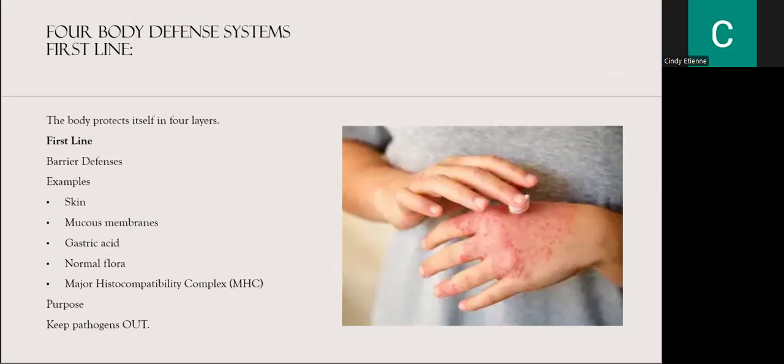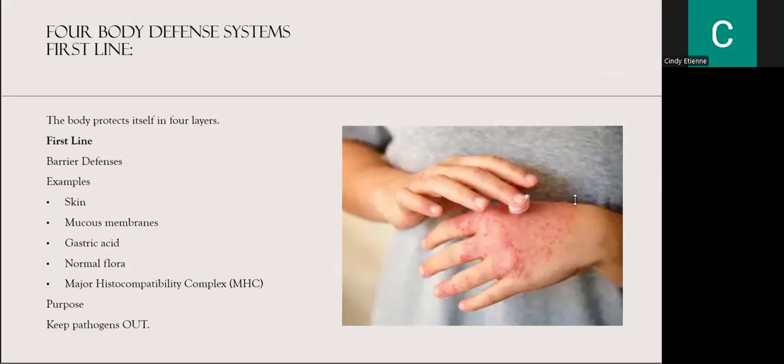Stomach acid destroys many microbes that are swallowed, and normal flora, or beneficial bacteria, compete with harmful organisms to prevent them from growing. Major histocompatibility complex, also known as MHC, proteins help the immune system recognize which cells belong to the body. If these first line defenses are effective, many infections are stopped before the immune system ever needs to respond.